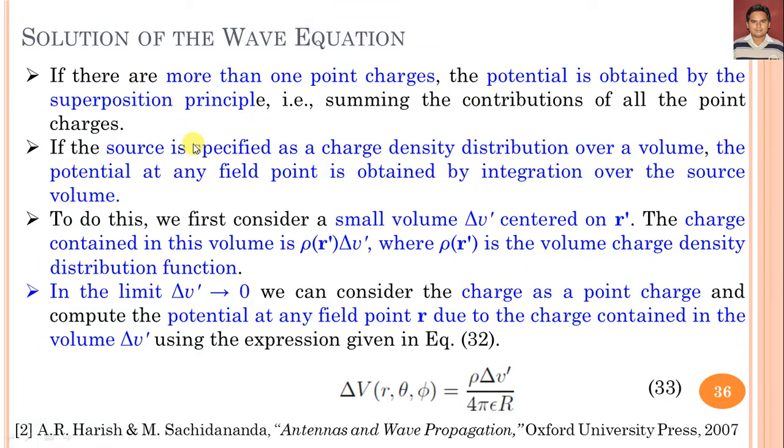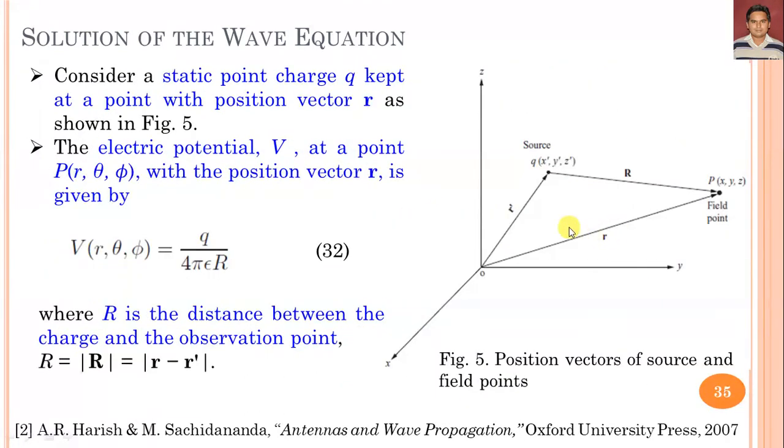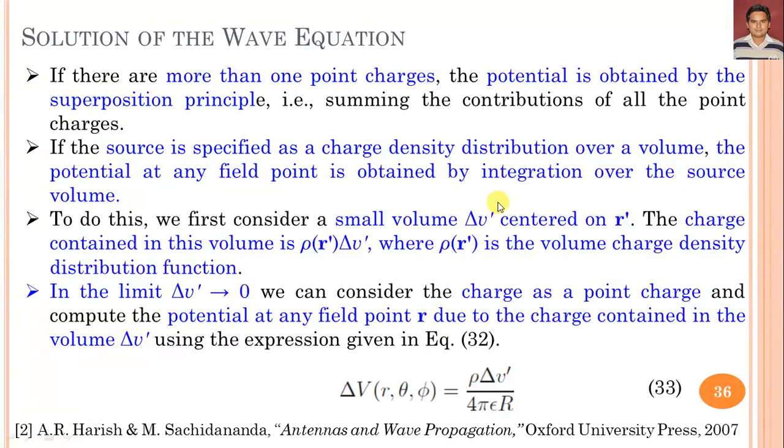So we first consider a small volume delta V dash centered on r dash. The charge contained in this volume is rho r dash delta V dash, where rho r dash is the volume charge density distribution function.